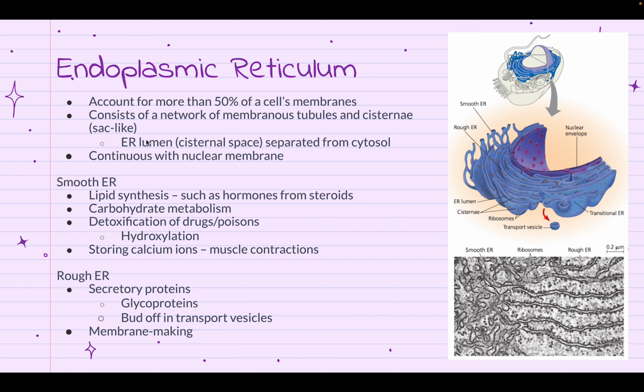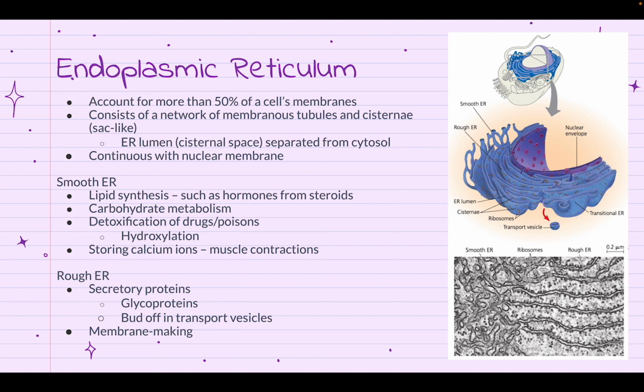The ER lumen, the inside of the ER, also called the cisternal space, is separated from the cytosol, and the endoplasmic reticulum is continuous with the nuclear membrane. On this diagram, you see how the double membrane of the nuclear envelope just curves into being the endoplasmic reticulum. So they're continuous with each other, which is pretty cool.